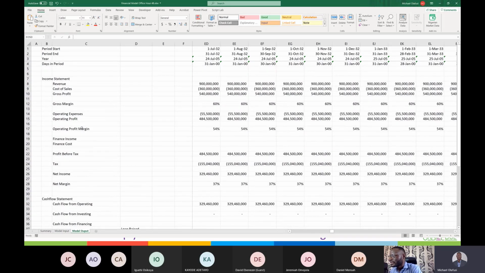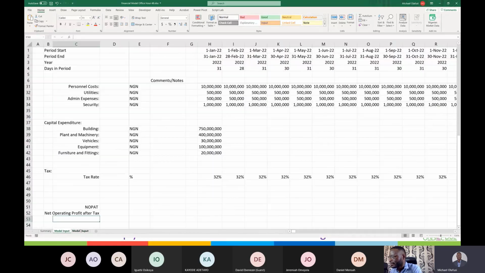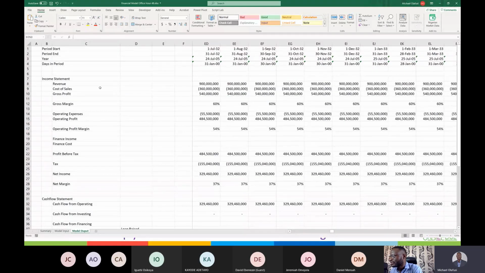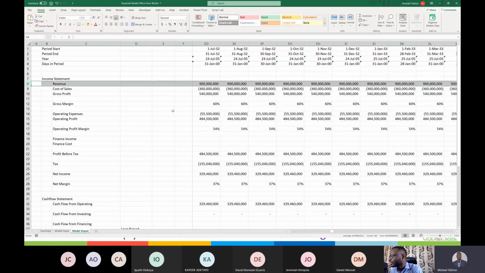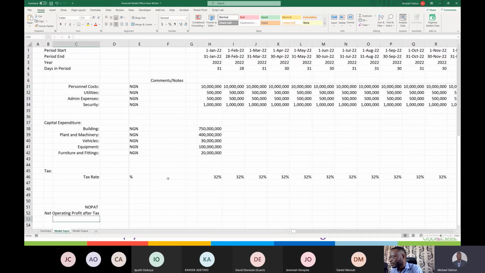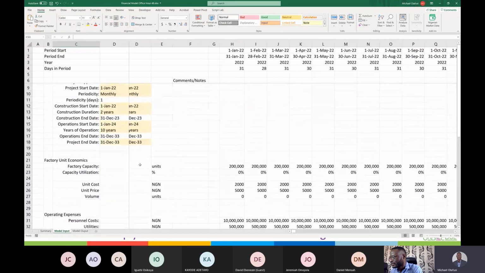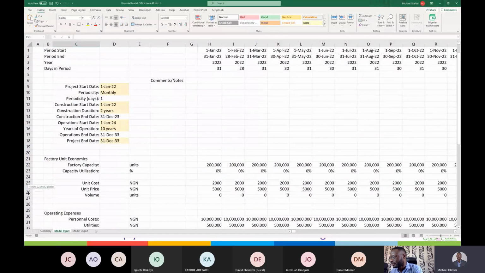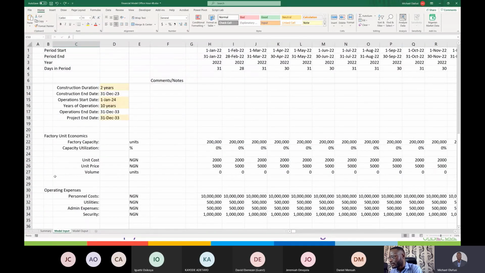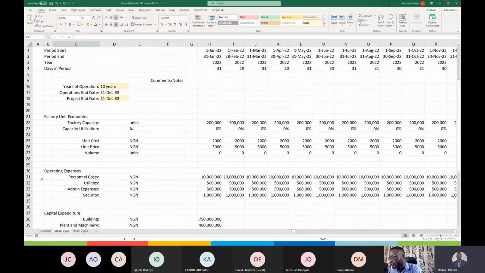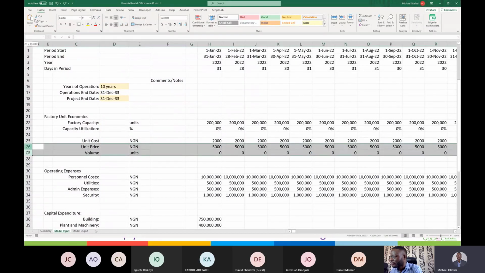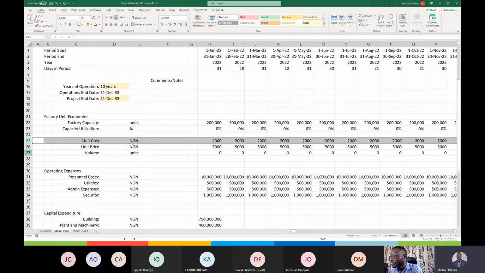All right, so with that information in sheet 1, we are able to easily get the revenue, which is going to be unit price times quantity. So volume and price. This gives us our revenue, and this one gives us our cost of goods sold.